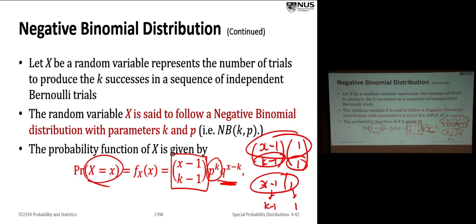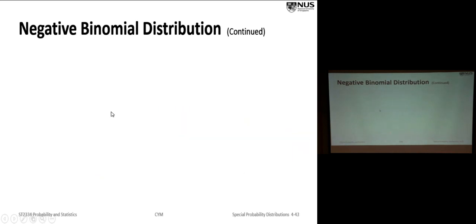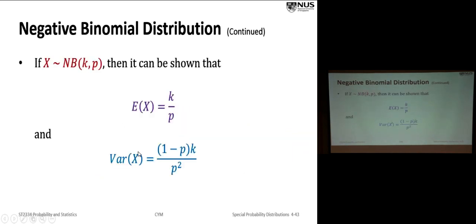So this is choose 1 out of 1, so it's equivalent to this. So this is the formula. And what are the X values? X equal to K, K plus 1, K plus 2, up to infinity. So that's the negative binomial distribution. And we can show that the expectation of X is K over P, and the variance is K times (1 minus P) over P squared.